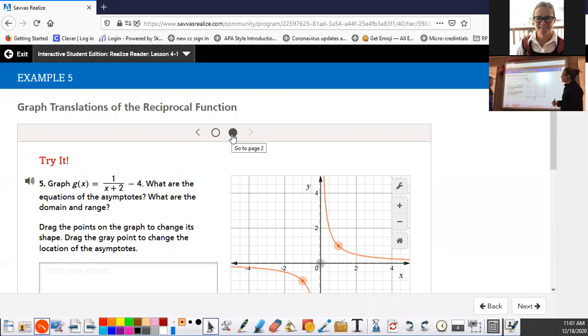So again, I would go back to the generic formula, a over (x minus h) plus k, and use that to help me. And of course this is an applet, so you can play around with it and move it around. And you can always open a new window and play around on Desmos also to check what you think is correct. Excellent job hanging with us.